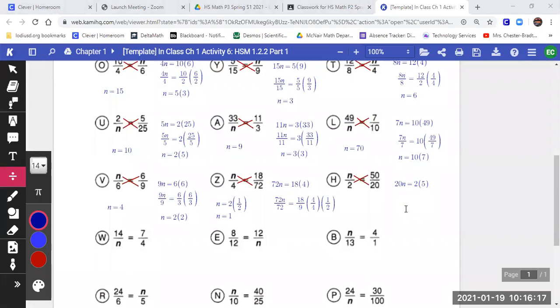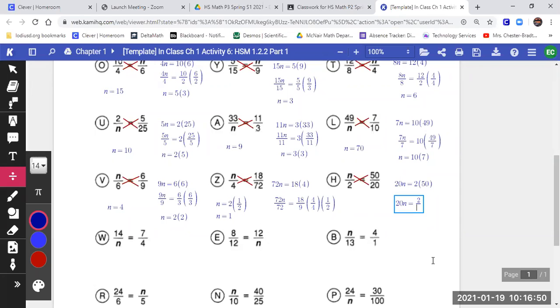Divide 20n by 20, and then we have to look at, does 20 go into 50 just evenly, or does 20 go into 2 evenly? If not, what should I break the 20 into? What are the 2 parts I want to break the 20 into?